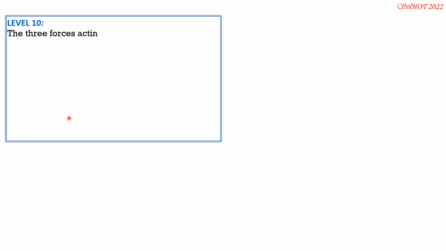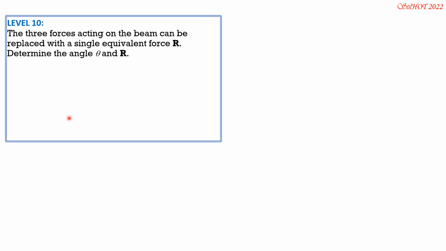So levels 10 and 11 are challenging. The three forces acting on the beam can be replaced with a single equivalent force R. Determine the angle theta and R. So this is the resultant, a vector, boldface.